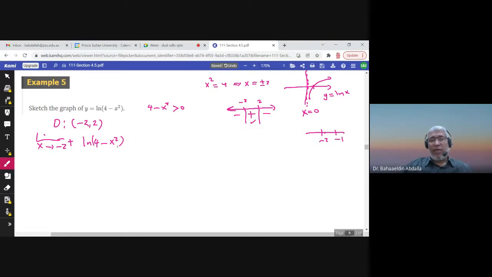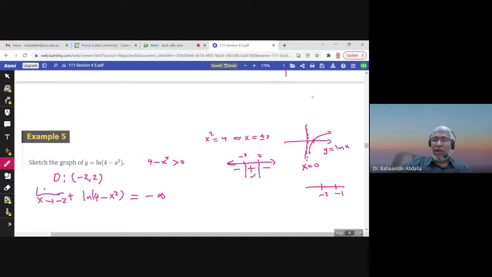And when the input of ln approaches 0 from the right, ln goes to negative infinity. So actually the limit here is negative infinity because of the graph of ln. Notice that the limit of ln x when x approaches 0 from the right is negative infinity.